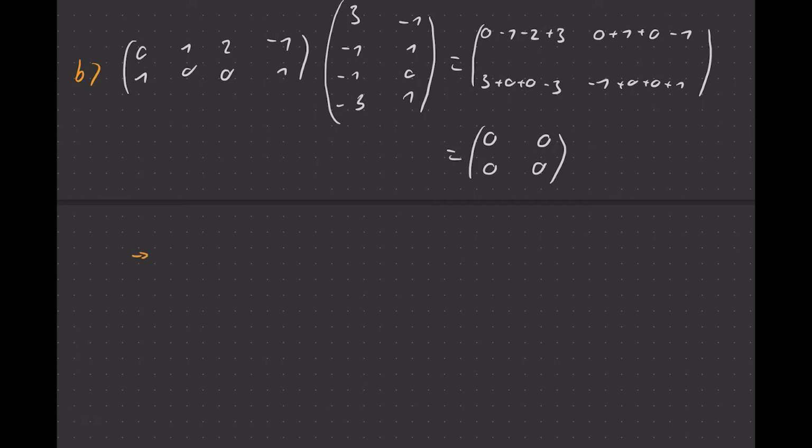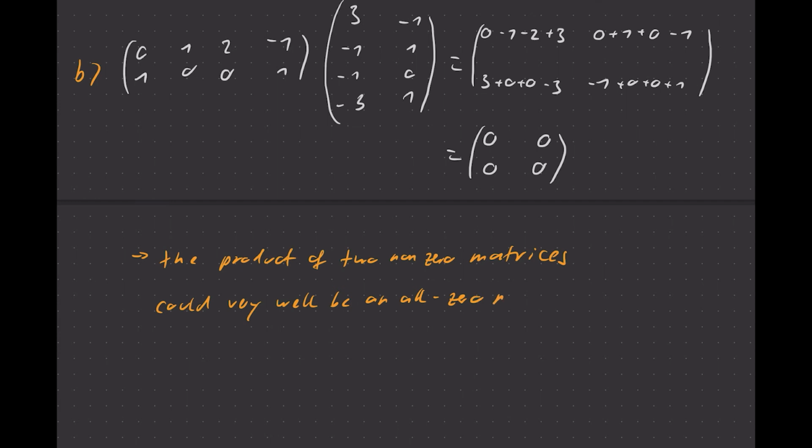So the product of two non-zero matrices could very well be an all-zero matrix.